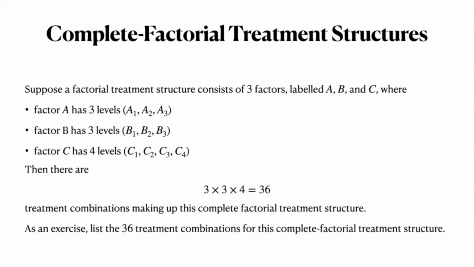And factor C has 4 levels denoted by C1, C2, C3, and C4. In this situation then, there are 3 times 3 times 4, or 36 treatment combinations making up this complete factorial treatment structure. Now, as an exercise, list the 36 treatment combinations for this complete factorial treatment structure.